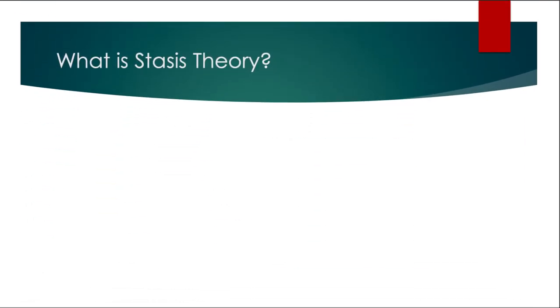So let's talk a little bit about stasis theory. Stasis theory comes from the Greek, and it means at its basic to stop. Stasis theory is really referring to a place where the argument or the discussion stops.